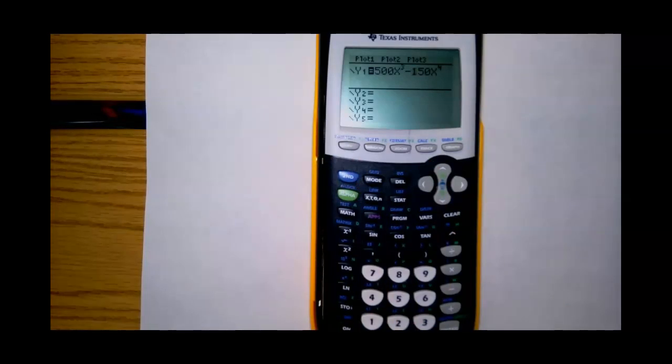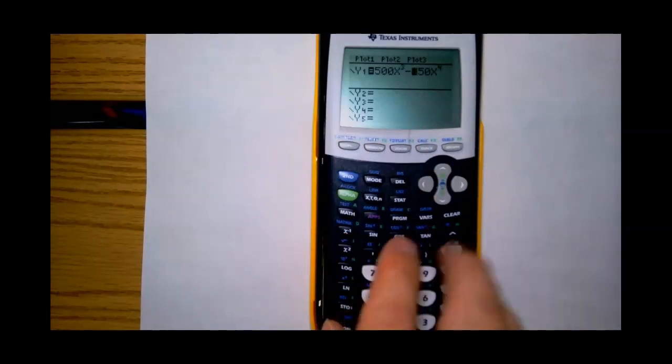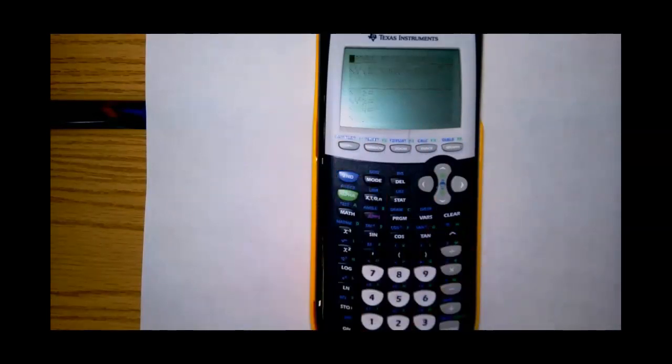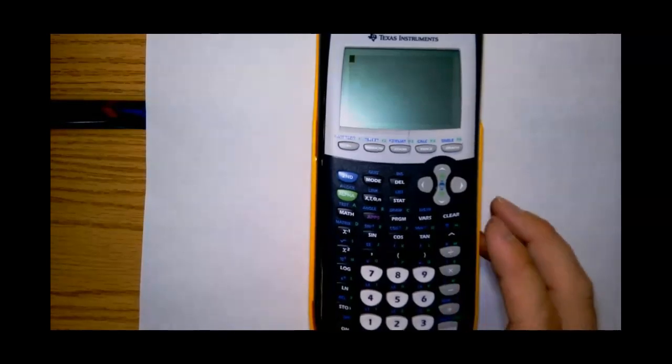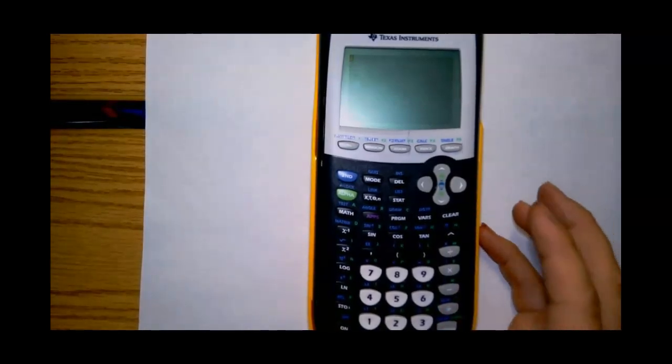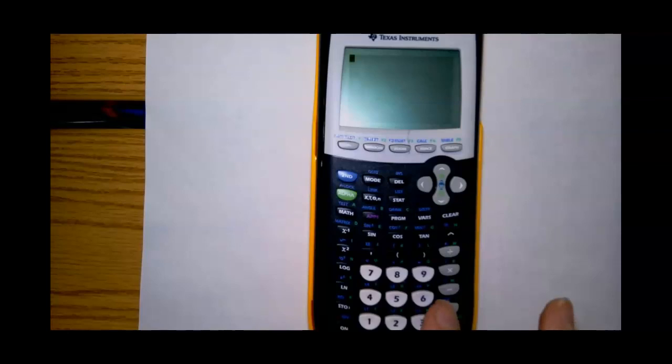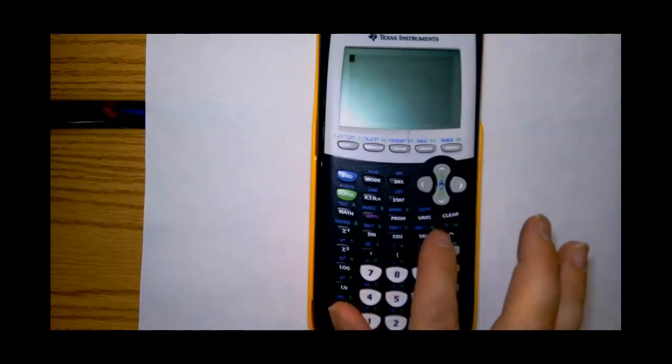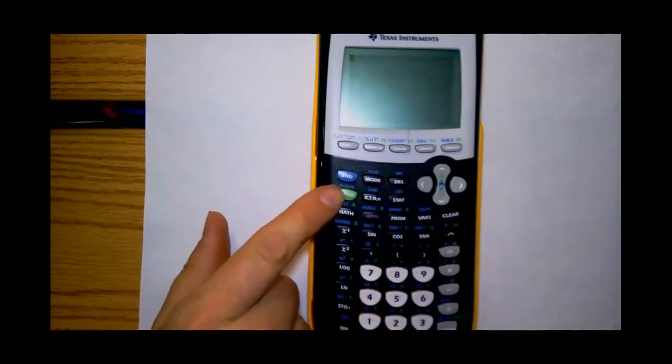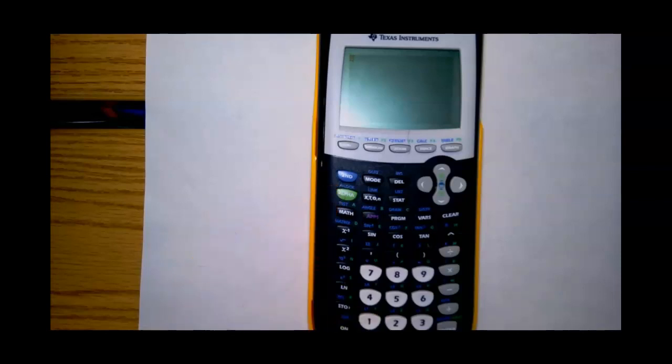The next thing that we're going to do is get out of this screen and go to our home screen by pushing second and quit. Now we get to type in the thing that I told you we're going to type in. We wanted to type in y of 2 minus y of 0 over 2 minus 0. So first of all, how do we get the y? You do not push alpha and y. That's incorrect.